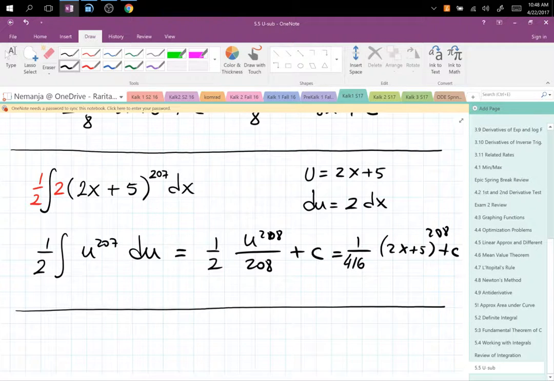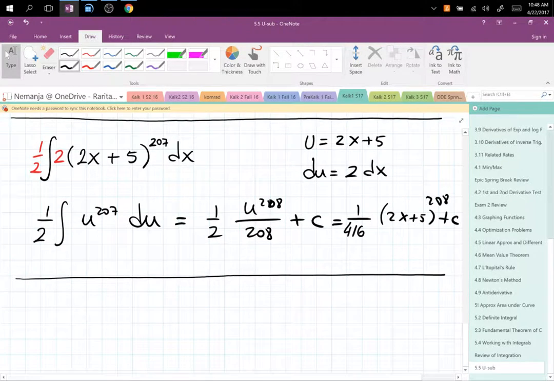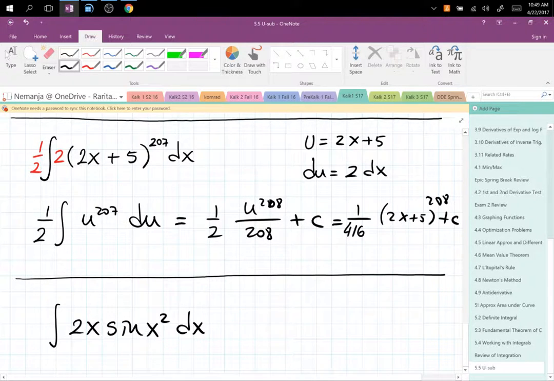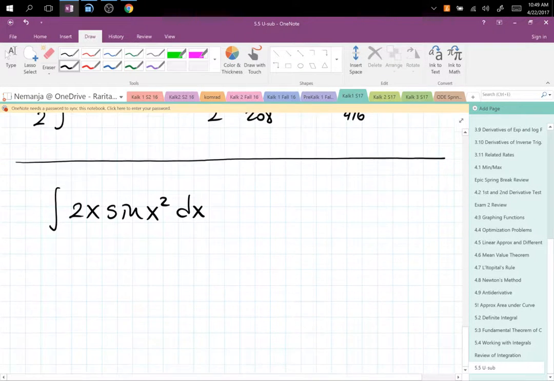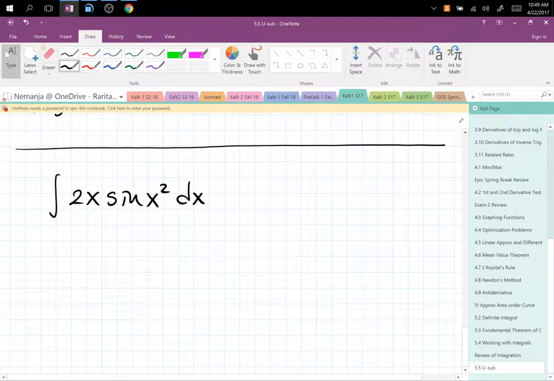Now we're going to take a look at spicier situations. What happens if you are to integrate 2x sine x squared dx? All right.